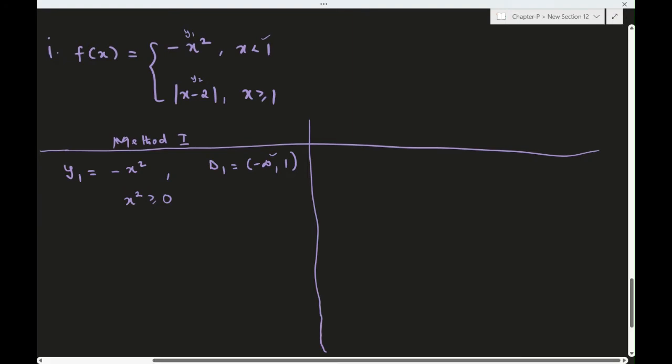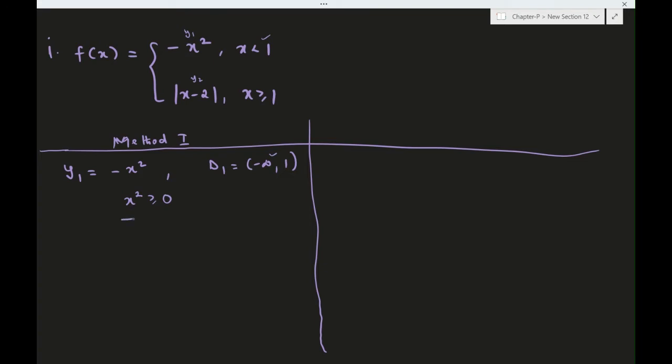With this, we can multiply by a negative, so you have minus x squared is less than or equal to 0. Minus x squared is our y1. So y1 is less than or equal to 0. This means we are going from minus infinity to 0 closed.